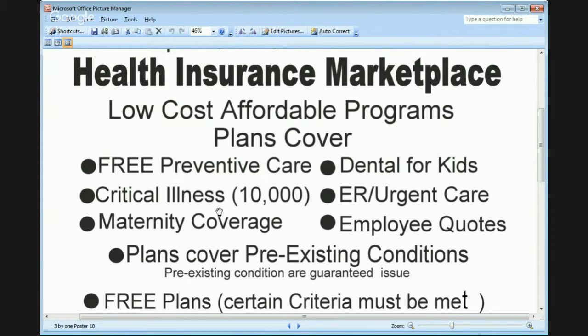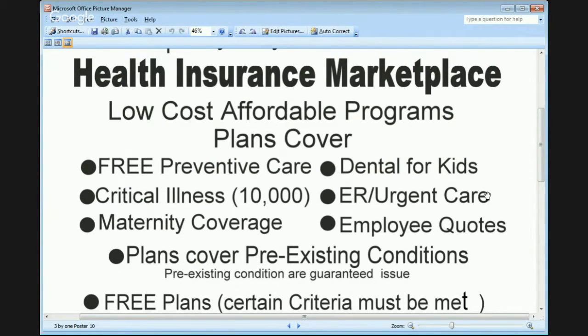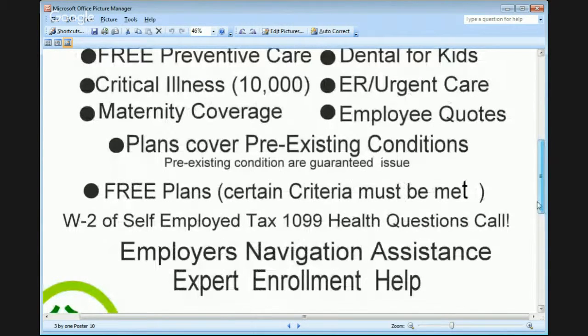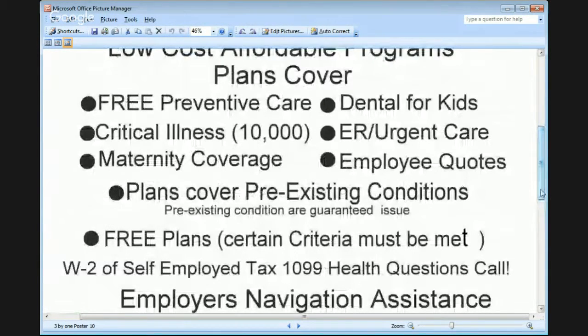All right, critical illness, 10,000. If you do not know what critical illness is, a critical illness plan is a plan that you would need if people in your family have a history of diabetes, cancer, liver problems, loss of sight, whatever, you know what I mean?